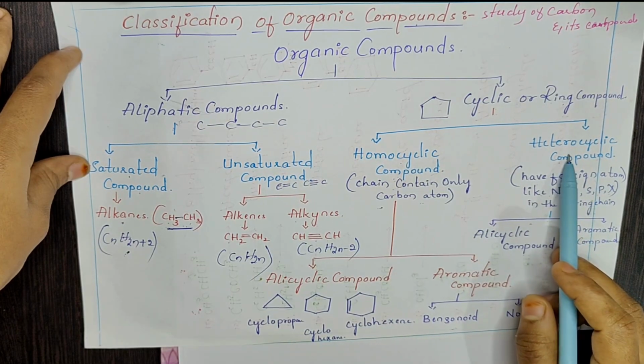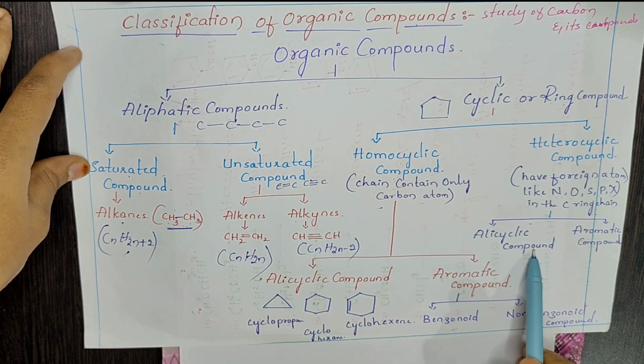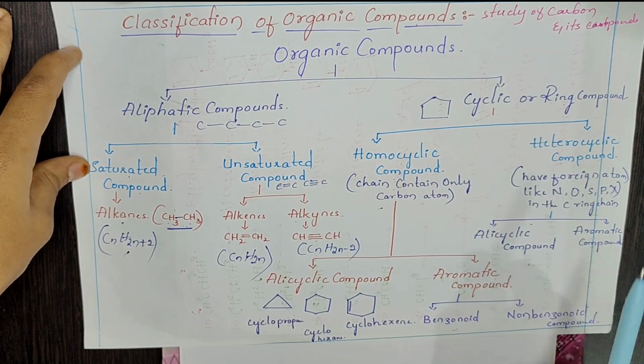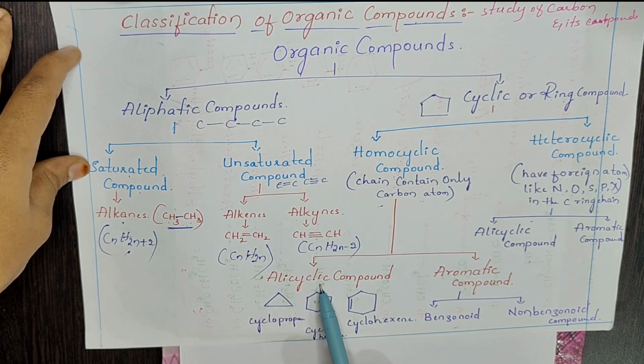Homocyclic compounds are again classified into two types, alicyclic compounds and aromatic compounds.